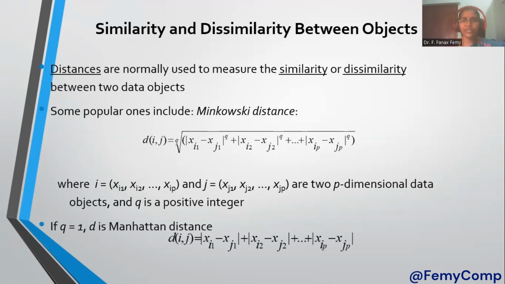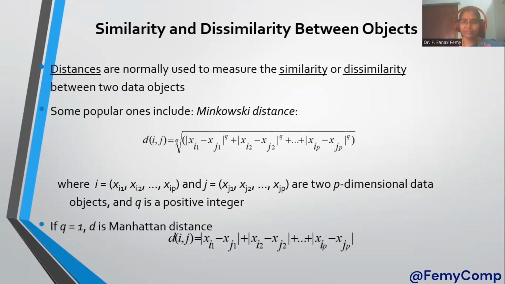Here one popular distance is the Minkowski distance. Here is the formula for finding the distance d(i, j). In this formula we apply the values of x for i and j. Normally i equals (xi1, xi2, up to xip), and j equals (xj1, xj2, up to xjp), because in the matrix there are rows and columns.